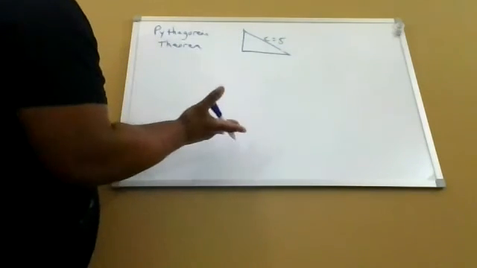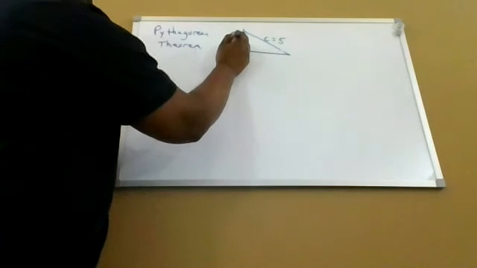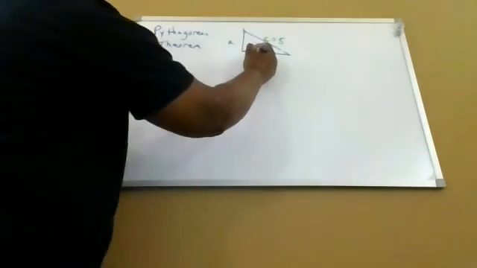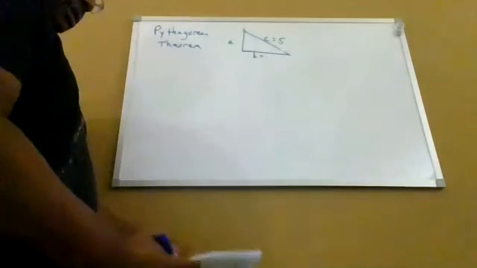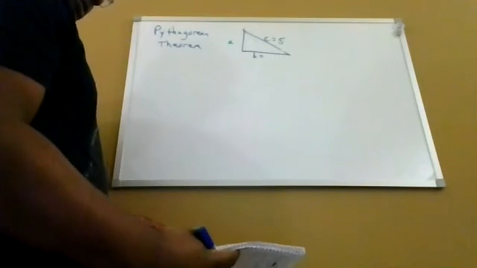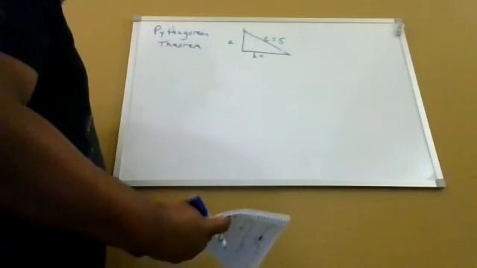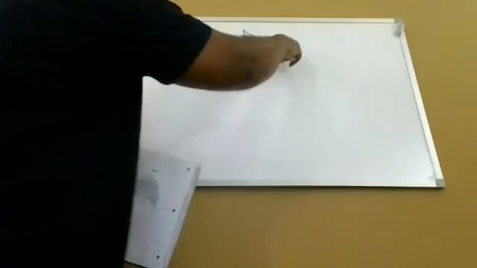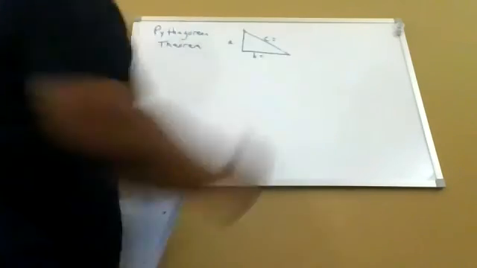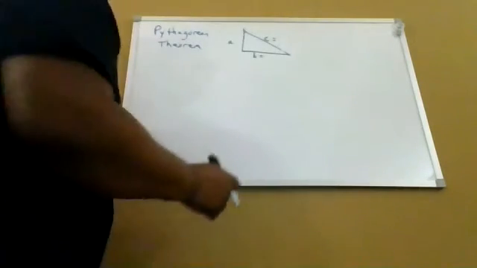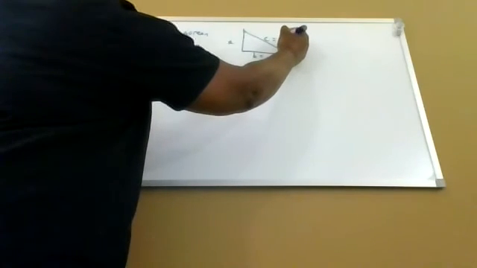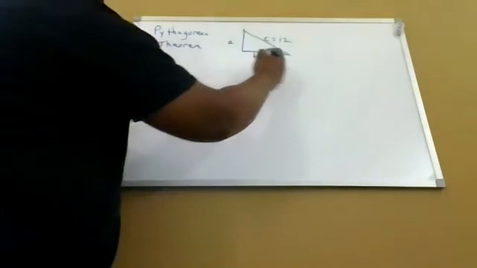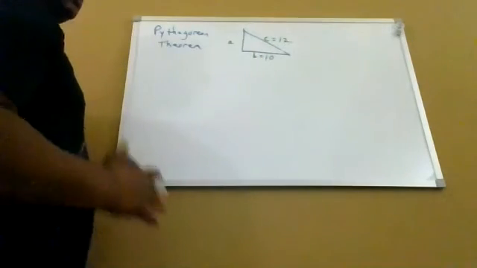One of my legs, I'm not going to know, so I'm just going to call that A. And my other leg, which is B, let's see, we're going to give that a value of... Whoops. Let's change C to 12 and let B equal 10.